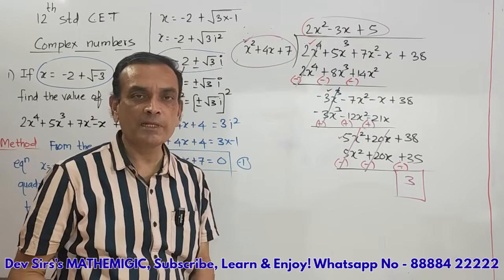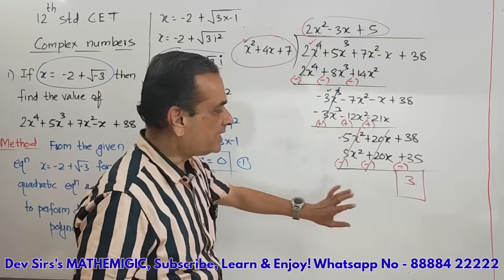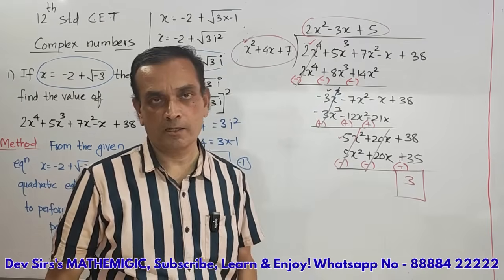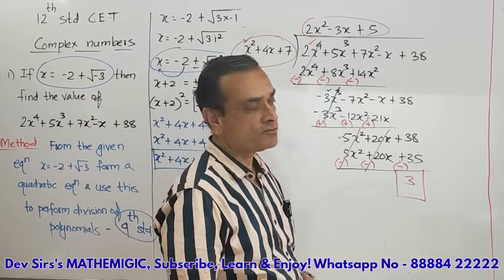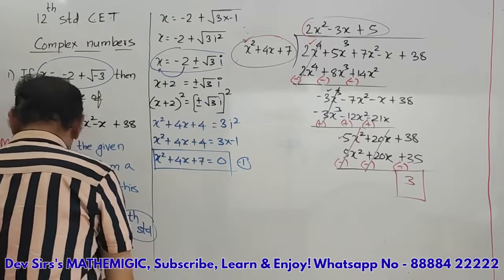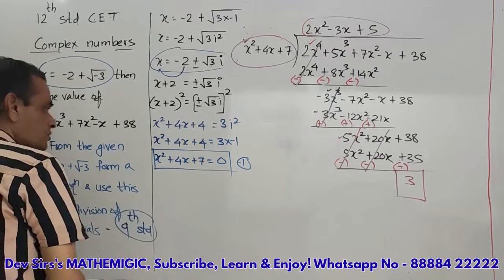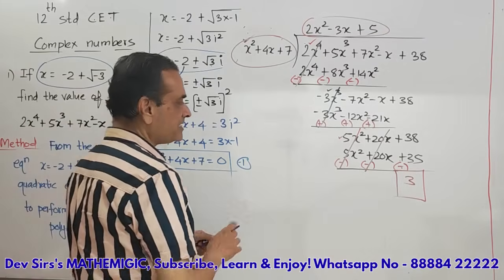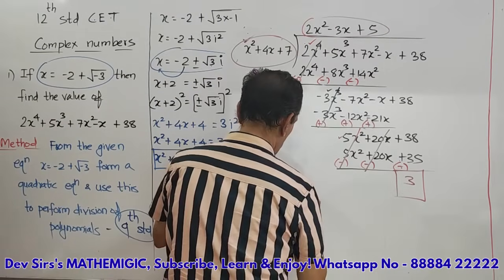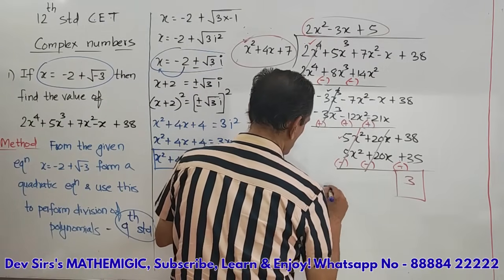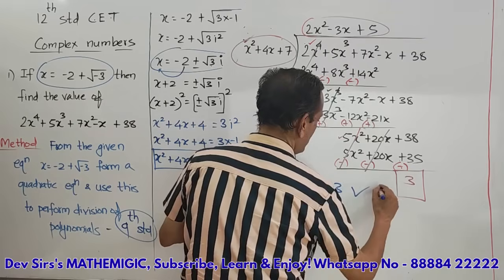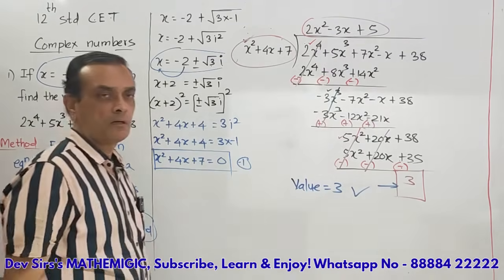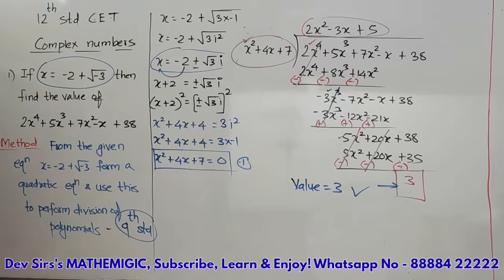Now just one simple thing. Whatever answer you get as the remainder, that is the value of the polynomial. As simple as that. So the value of the polynomial is 3. Whatever answer we get over here. Very simple.